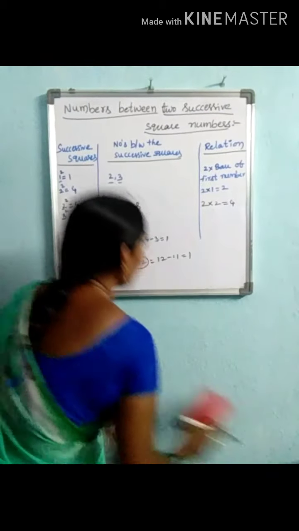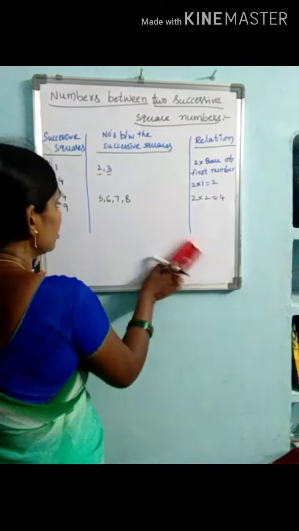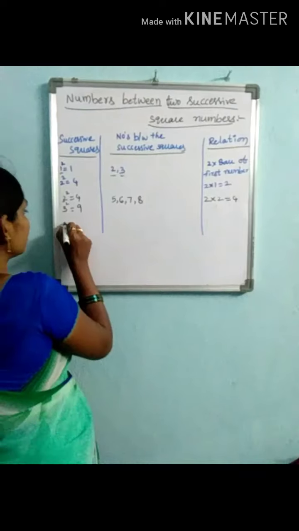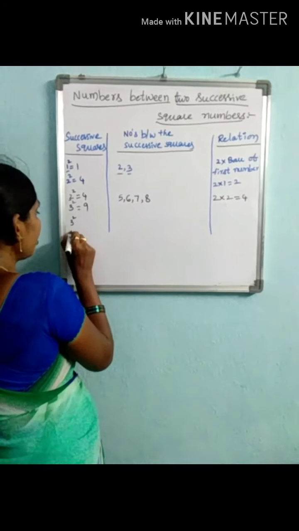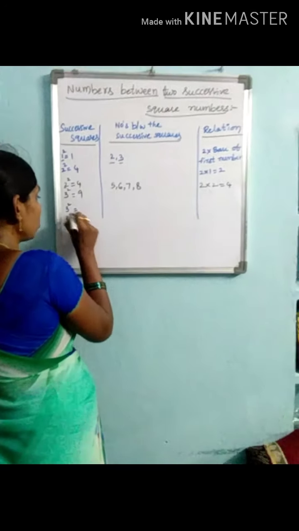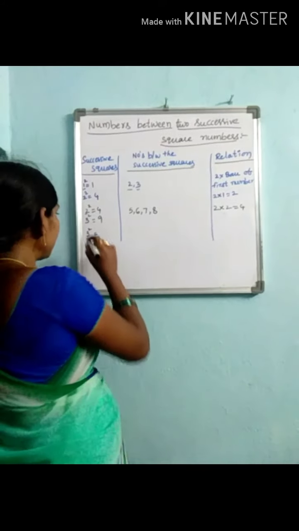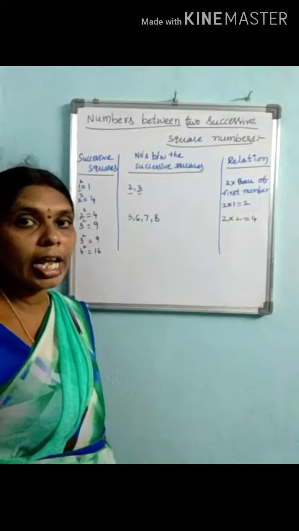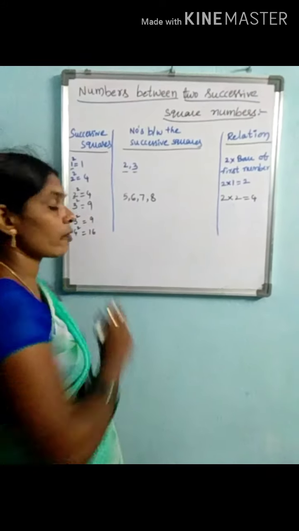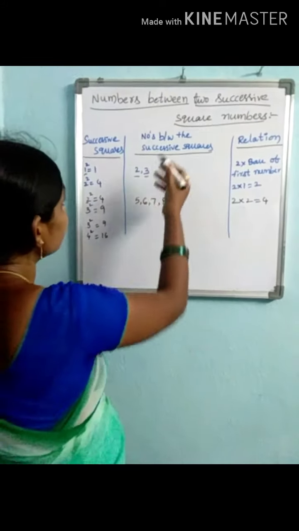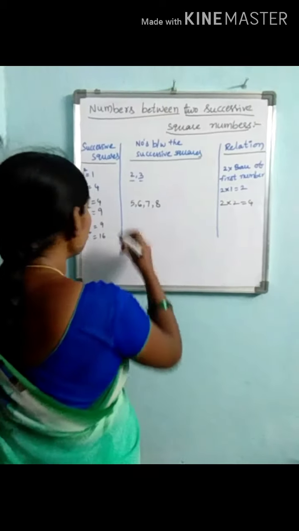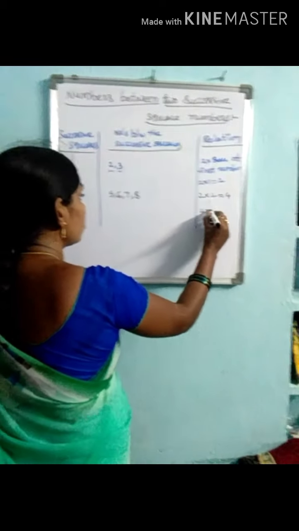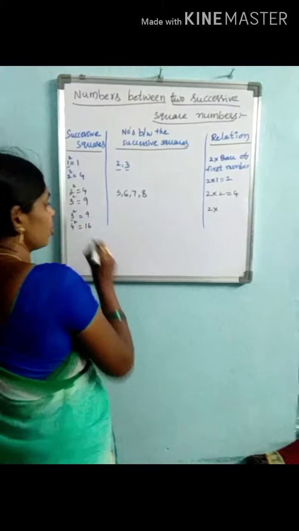So in the same way, I am taking one more example. Suppose 3 square and 4 square. 3 and 4 are two successive numbers. So 3 square means 9, and 4 square means 16. How many numbers are between these successive squares? Using the relation, 2 into base of first number, the base is 3.